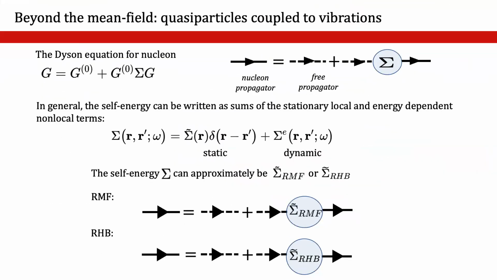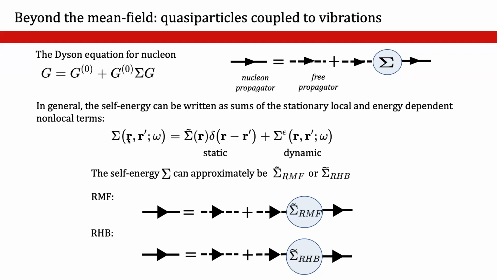Okay, here I would like to give a little summary of mean-field theory. In many-body theory, the motion of a single particle, a single nucleon in nuclear medium, can be described by the Dyson equation with this self-energy sigma. In general, the self-energy can be written as the sum of a stationary local part and an energy-dependent non-local part in this way.